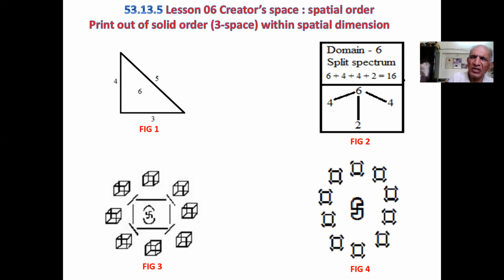Therefore, the Vedic mathematics approaches a right angle triangle 3, 4, 5 as having its fourth component, fourth value as well, and it is of 6 units of a spatial order.